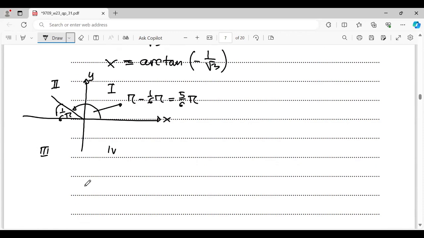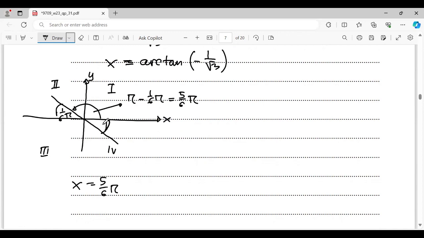So x equals 5 over 6 pi. And as well, in this quadrant, tangent is positive.